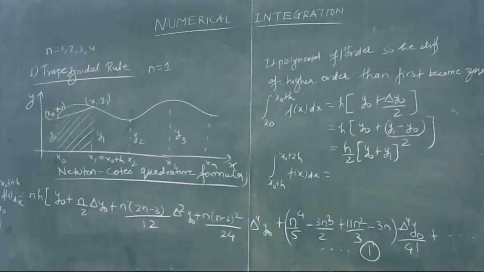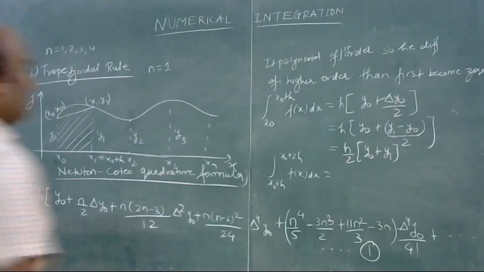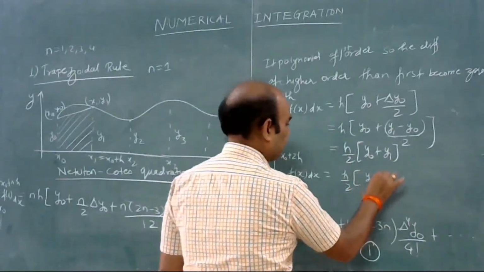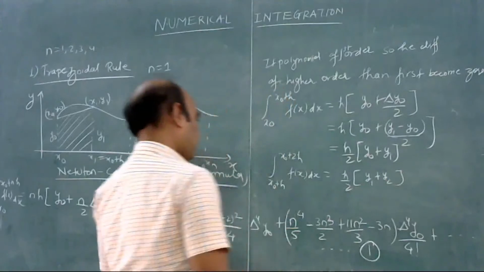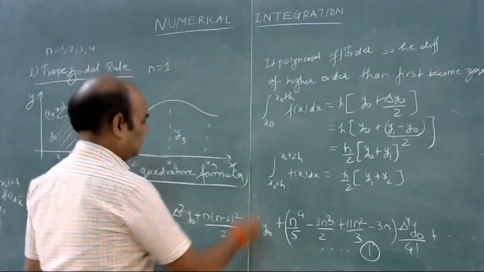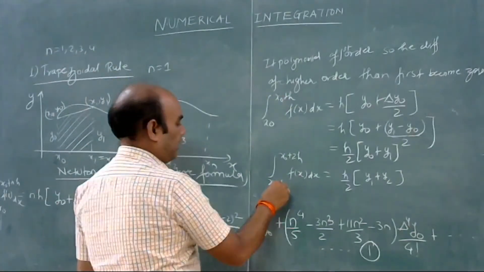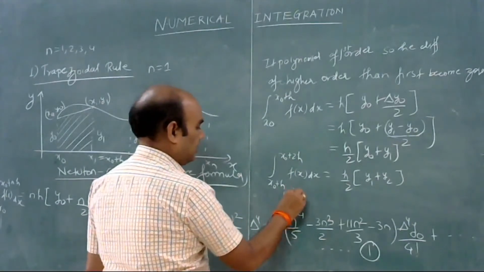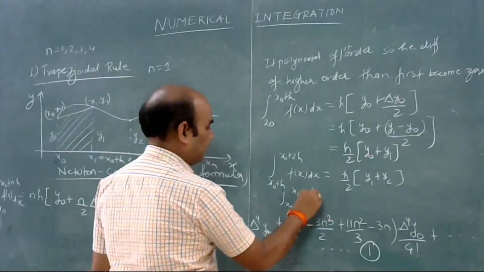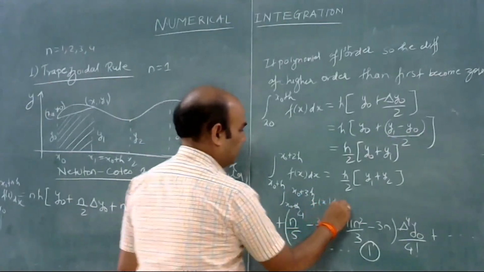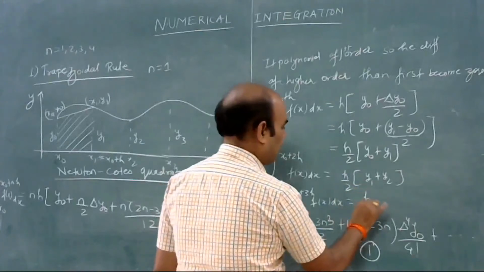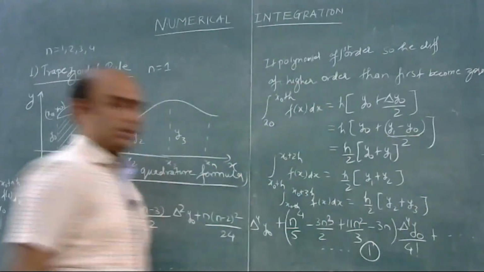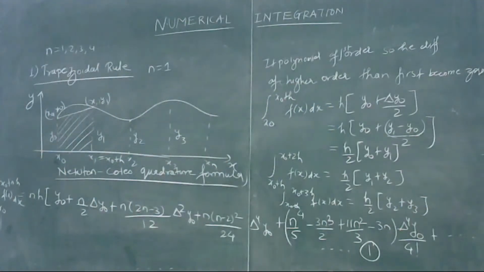So we will get h by 2 times (y1 plus y2). Then the third, from x1 to x2, then x0 plus h, x0 plus 2h, x0 plus 3h: the integral of f of x dx will be equal to h by 2 times (y2 plus y3). And similarly, up to n integrals.